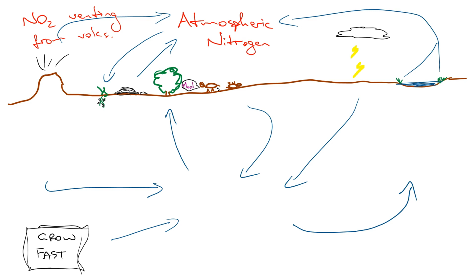Now, how do we get it out of the air? Let's follow the next arrow coming down to my funky little plant. I know it doesn't really look like a plant, but trust me, it's a plant. Now, the plant can't actually use the nitrogen from the air. Neither can we. Animals can't, plants can't.